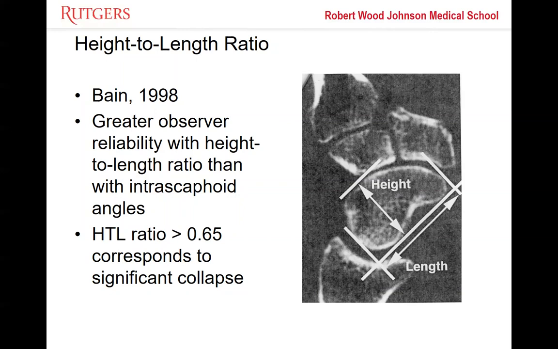And on a true lateral. Yeah. I agree with that. So this guy is 1 year out, wrist pain, humpback deformity, non-union. So John, what do you want to do now?